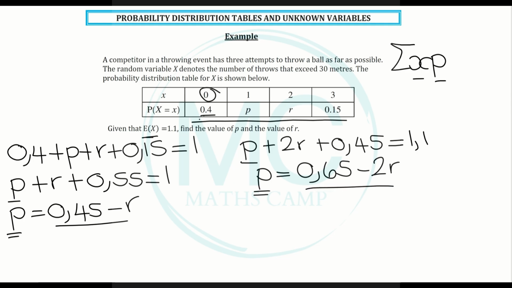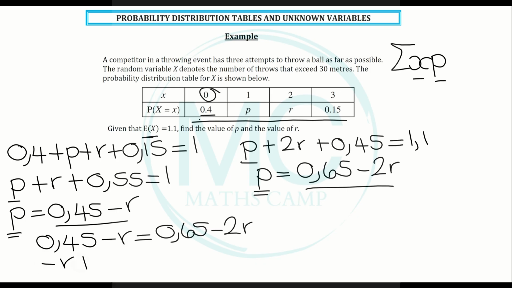And we can use these to find the value of r. So I'm going to say 0,45 minus r is equal to 0,65 minus 2r. Let's move our r terms to the left.